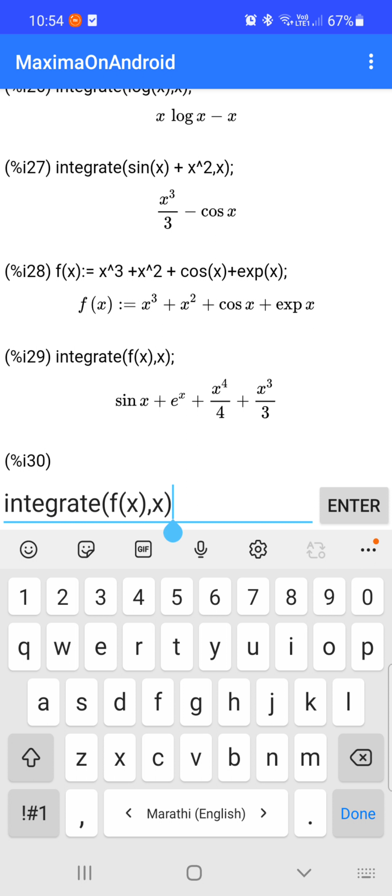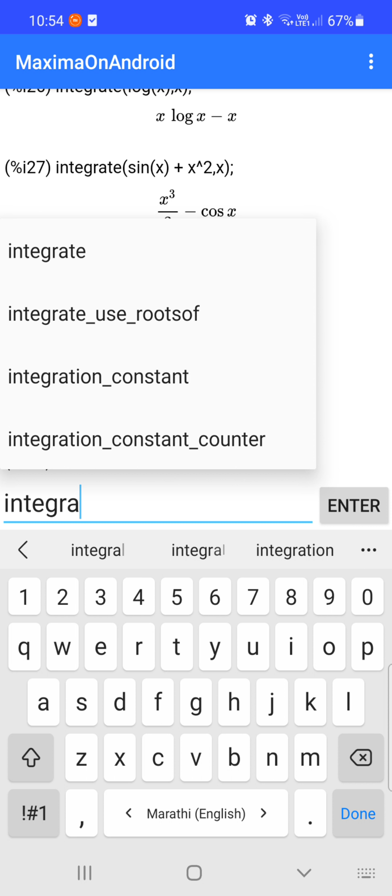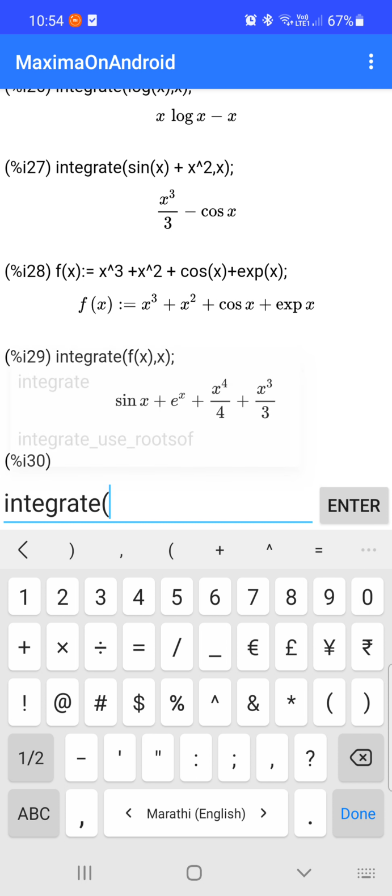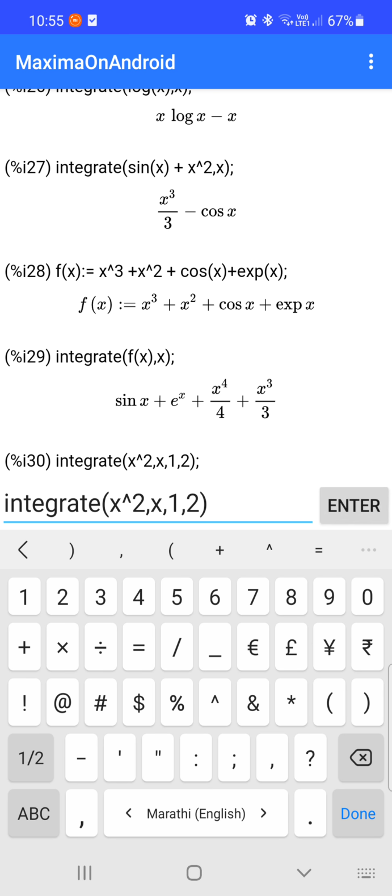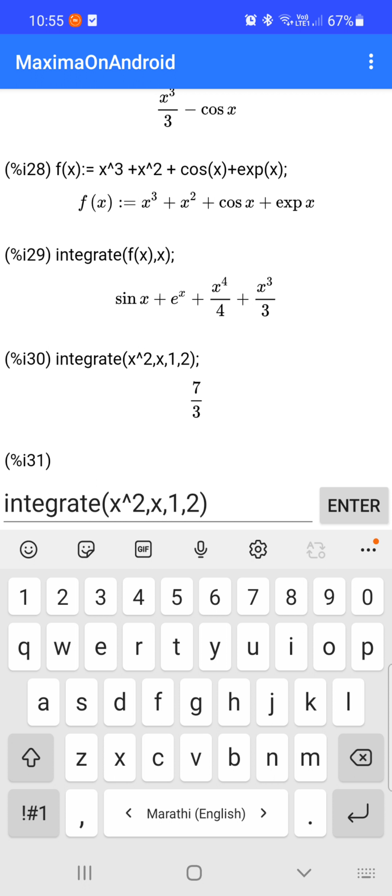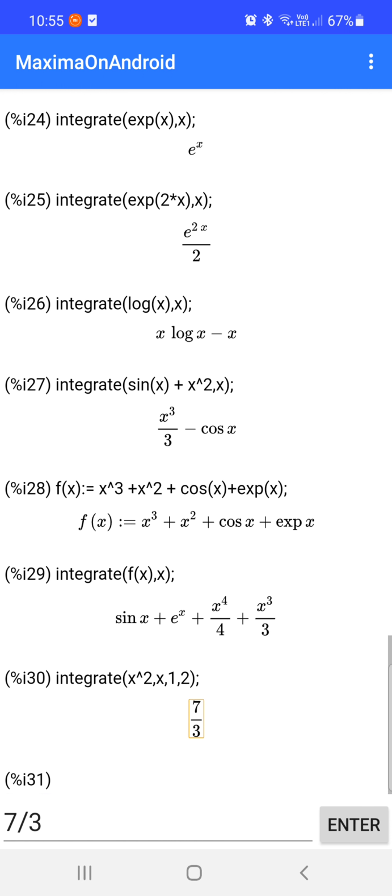Suppose you want to evaluate the integration of x square from 1 to 2. Just first enter it in terms of x. The given function is entered in variable x having lower limit 1 and upper limit 2. So you can see here the integration is 7 by 3.